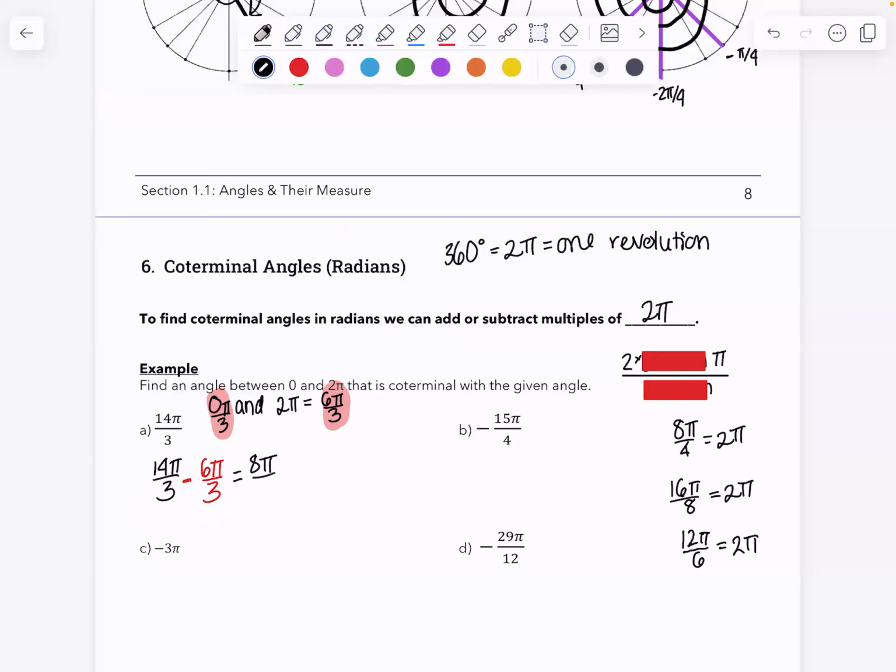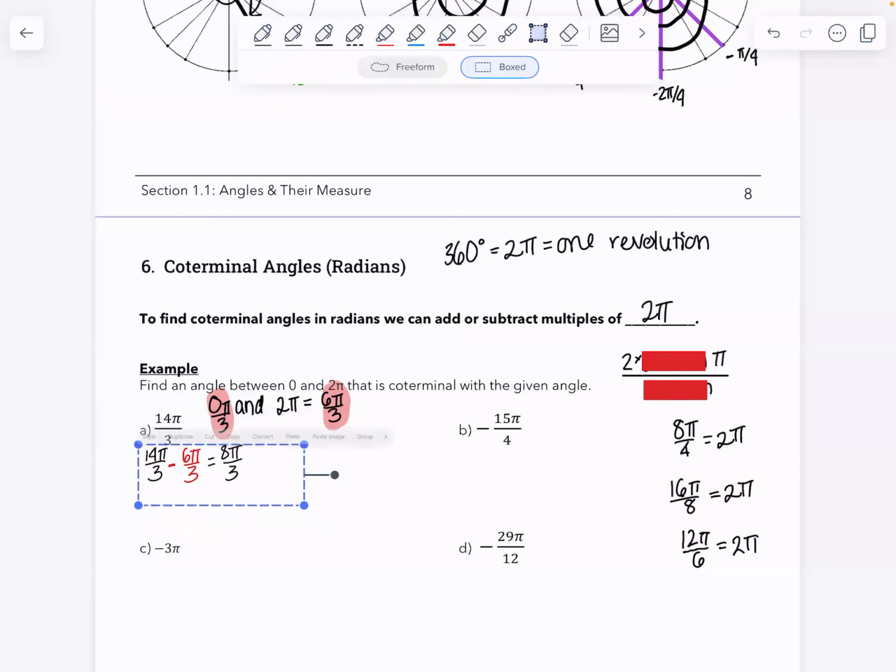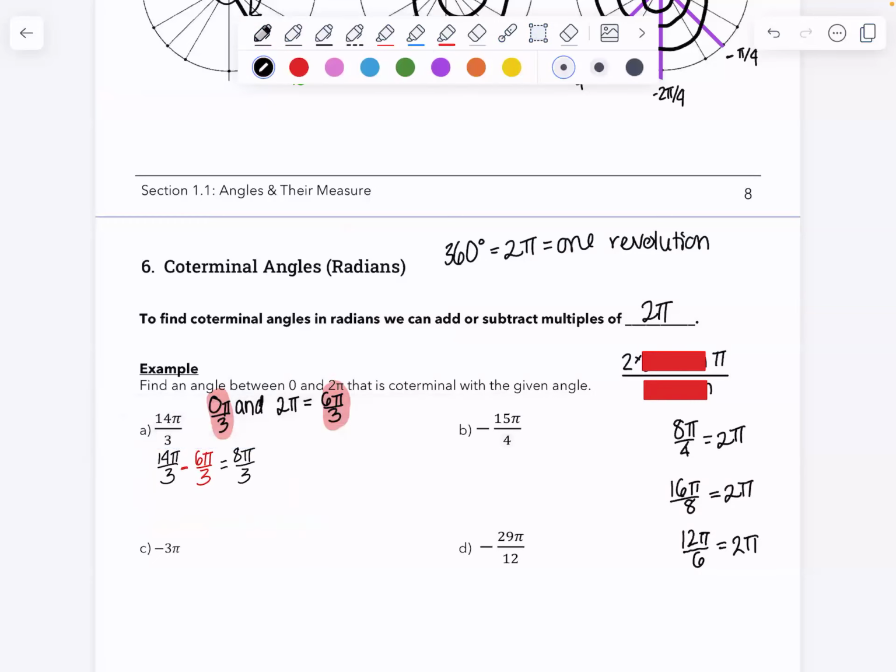So this is 8 pi over 3. Is 8 pi over 3 between 0 pi over 3 and 6 pi over 3? It's not. 8 pi over 3 is bigger than 6 pi over 3, so we need to keep going. We'll subtract another 2 pi, and you get 2 pi over 3, which is definitely between 0 pi over 3 and 6 pi over 3.